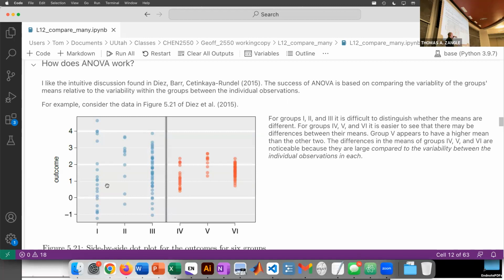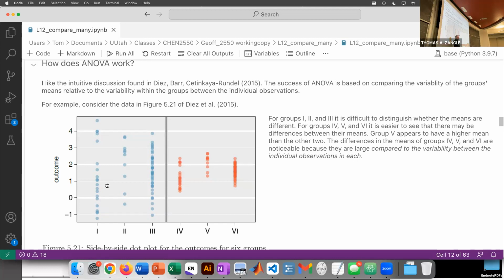Whereas if we're just comparing groups 4, 5, and 6, there is some noted difference between the means. And because the variation within each of those groups is much smaller, we're much more likely to reject the null hypothesis and have our one-way ANOVA tell us that there is in fact a difference between the means of these groups. Does that make sense?